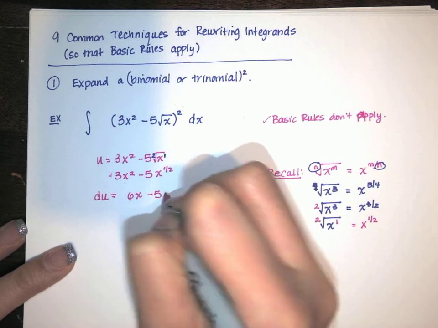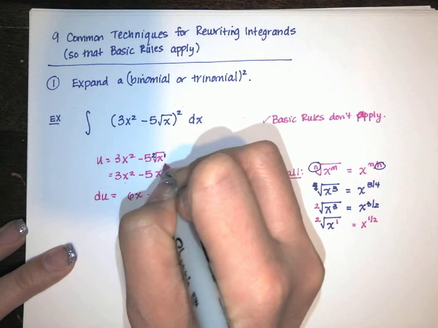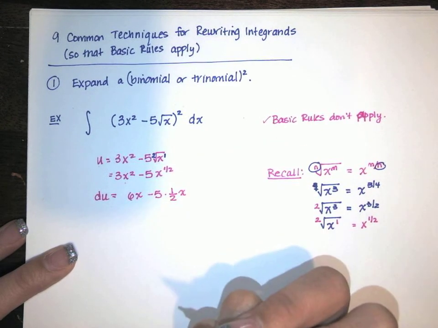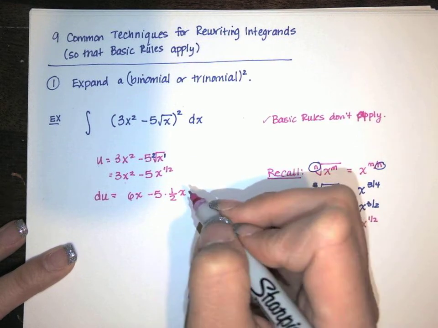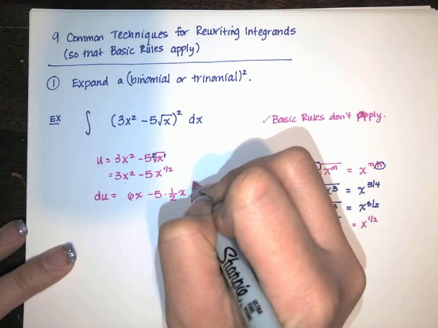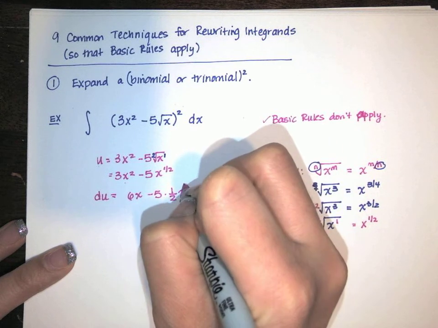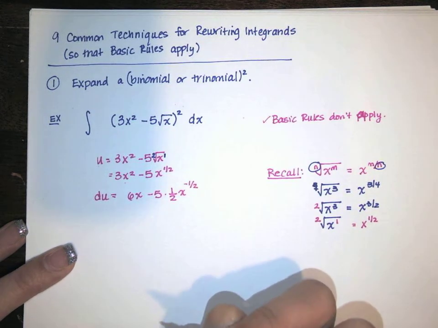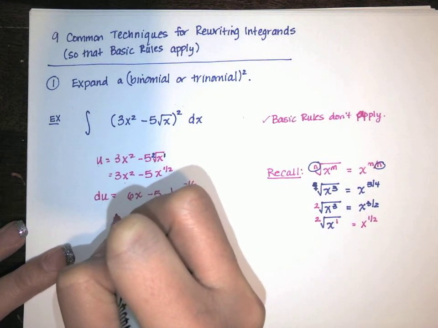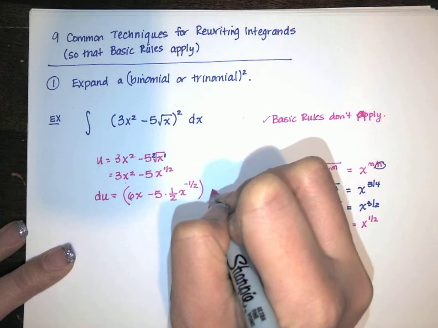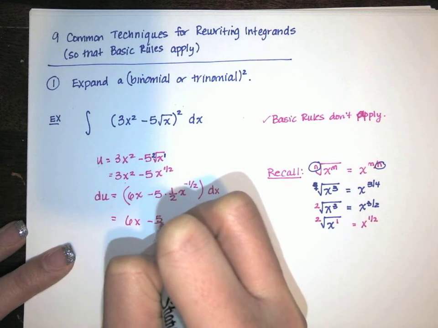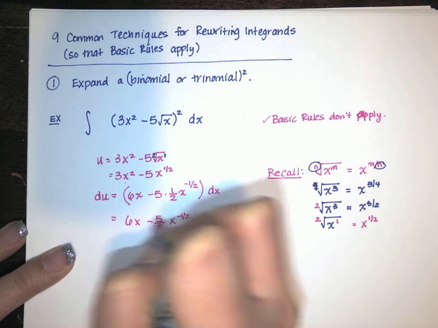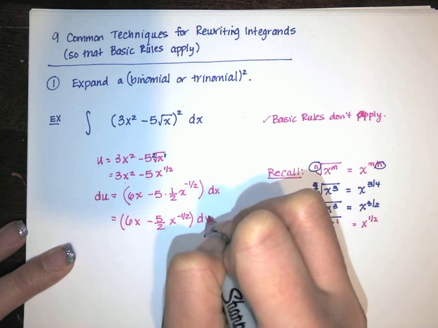Then you bring your 5 down, bring the exponent down, and multiply by x to the 1 less power. 1/2 minus 1 is 1/2 minus 2/2. 1 minus 2 is -1, so that's a -1/2 power. And don't forget, all of that is multiplied by dx. So I've got a 6x minus 5 over 2 times x to the -1/2 dx.